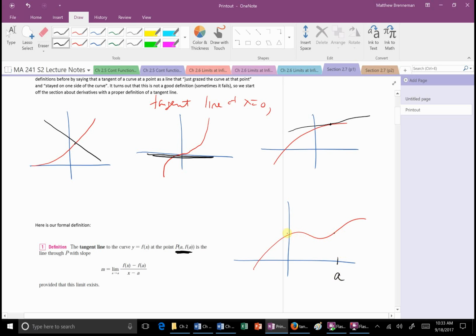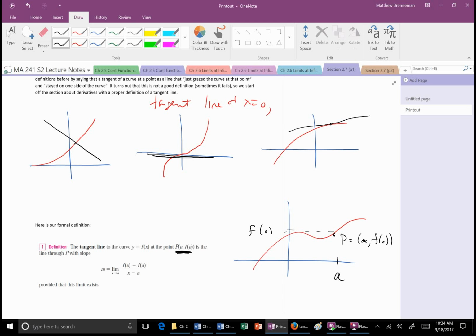A, and this is f of A. This is my point P. And now I need a slope. We're going to say that the slope of this line is the slope we get by looking at the limit of the slope of the secant lines going through the point.